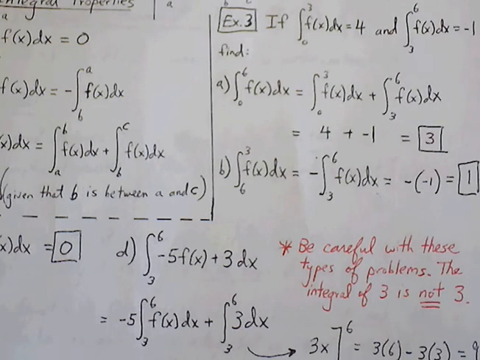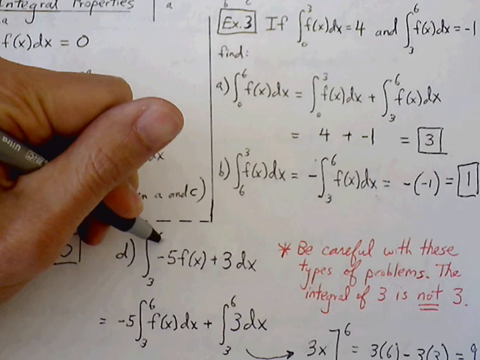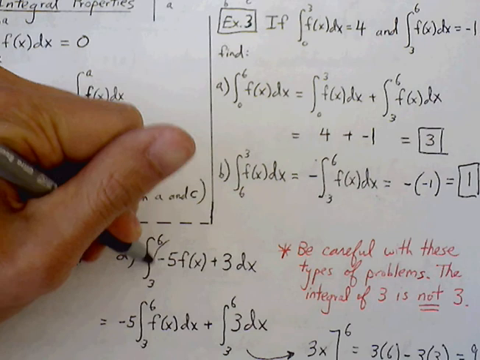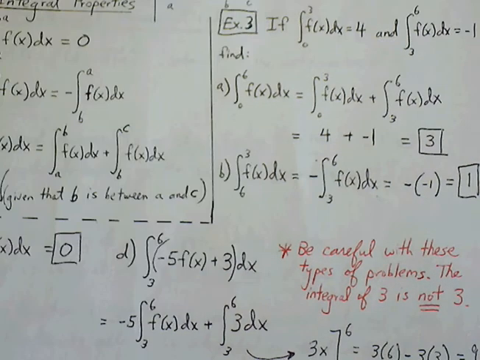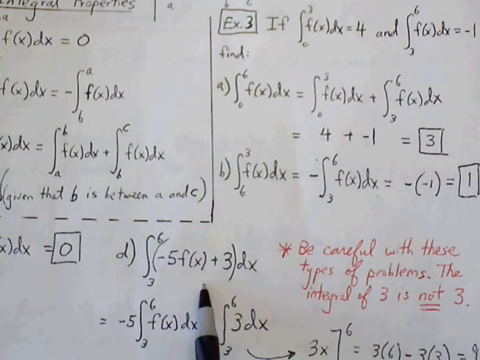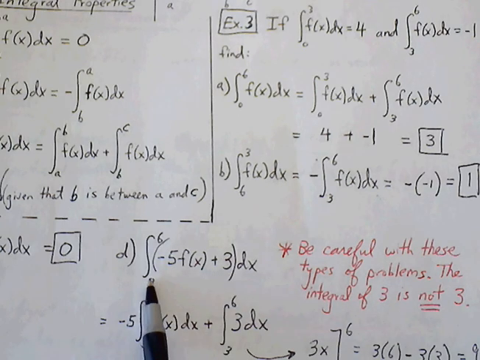Okay. Part D, the definite integral from 3 to 6 of negative 5 f of x plus 3 dx. Let me make sure this is more clear. We have to be careful that this 3 is inside the definite integral.